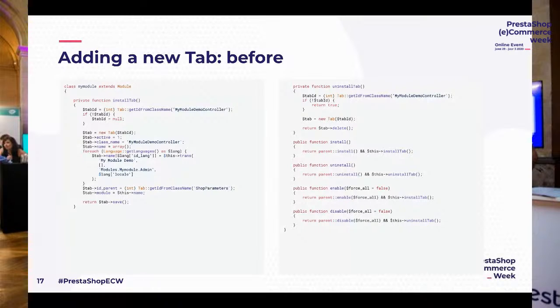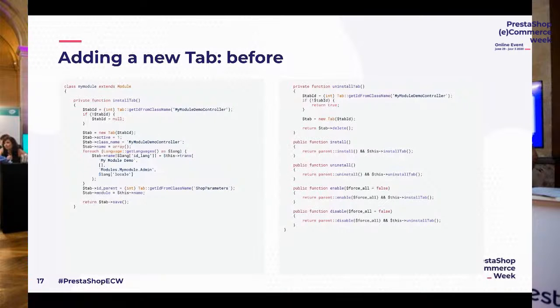When you installed your module, you had to create it. When the module was enabled or disabled, you had to disable or uninstall your tab as well. And while for legacy modules the creation could be automated a little bit, for the creation, the suppression, the activation and deactivation of tabs, this was a manual job.